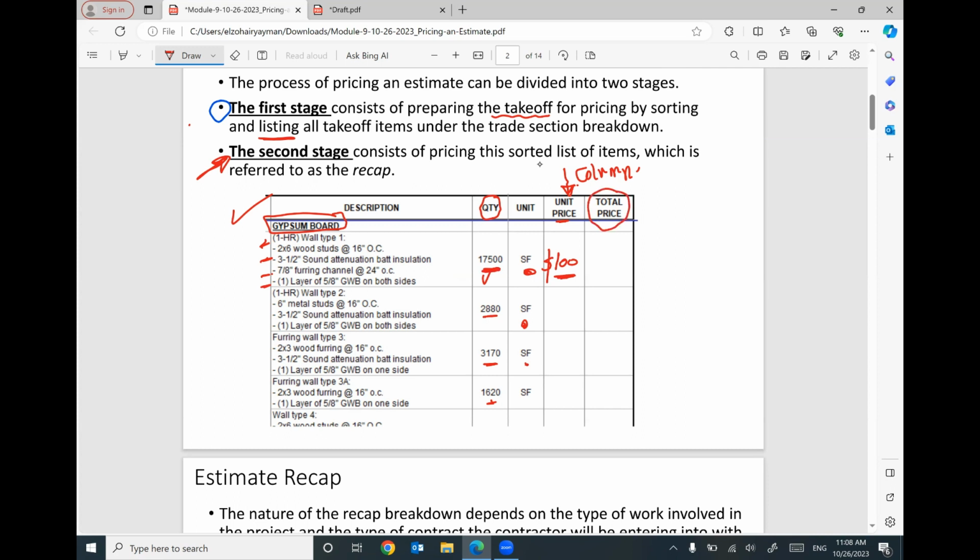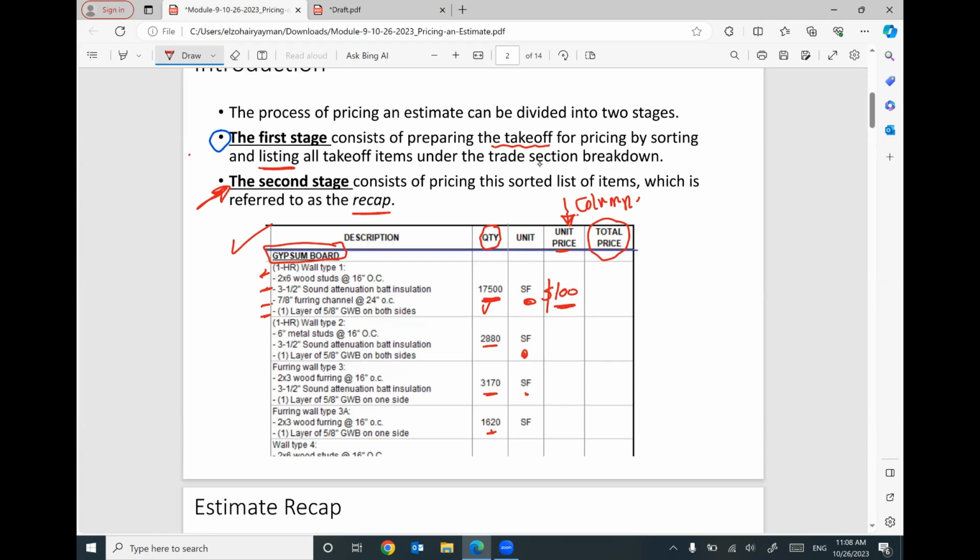That makes sense? So the second stage consists of pricing this sorted list of items, which is referred to as the recap. So to be more organized, I will list everything I did for my building. Your building consists of many activities: excavation, foundation, brick walls, columns, floors, beams. We have many.